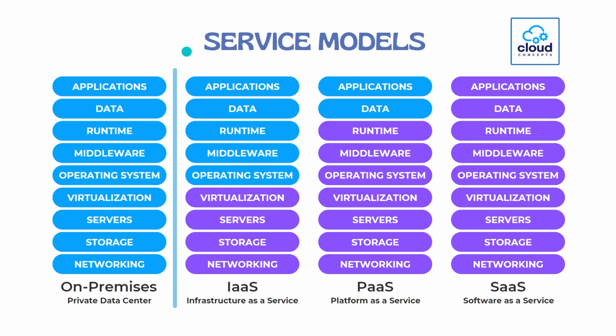Well, when you come to the cloud, there are three models you can use. You can use IaaS, which is infrastructure as a service, which allows you to hand over responsibilities of networking, storage, servers, and virtualization. So you're literally coming to the cloud and saying, I want a server, like a virtual machine.